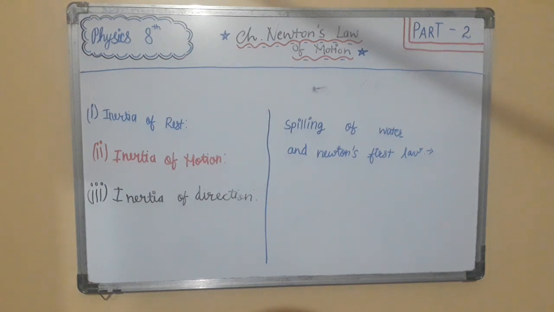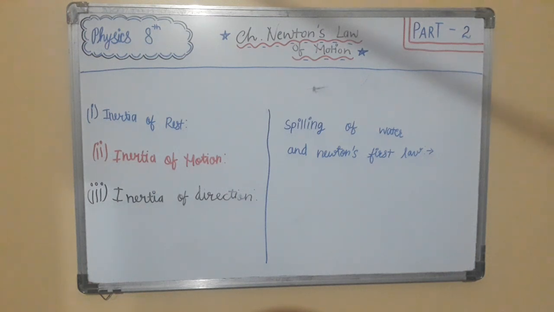The spilling of the water during the relay race can be explained by Newton's first law of motion. First, from the starting point of the race track, if the container is moved from rest to a very high speed, the water tries to remain at rest due to inertia of rest and spills over.